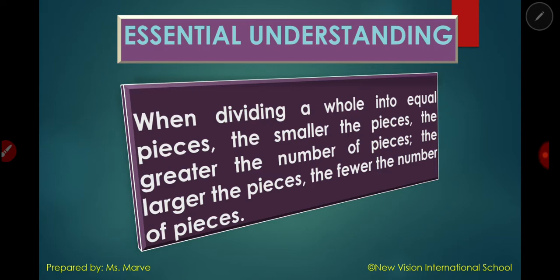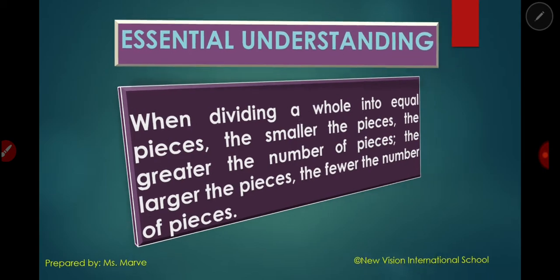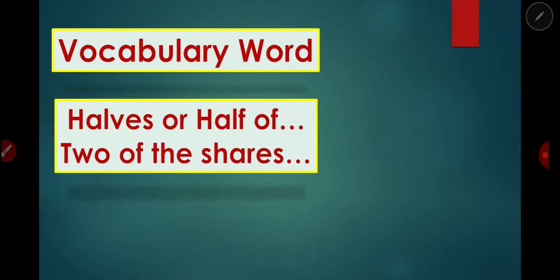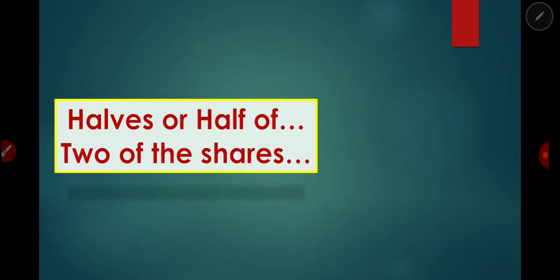When dividing a whole into equal pieces, the smaller the pieces, the greater the number of pieces. And the larger the pieces, the fewer the number of pieces. Okay. Again, our vocabulary words are halves or half of or 2 of the shares.